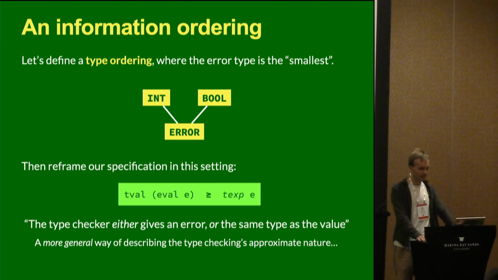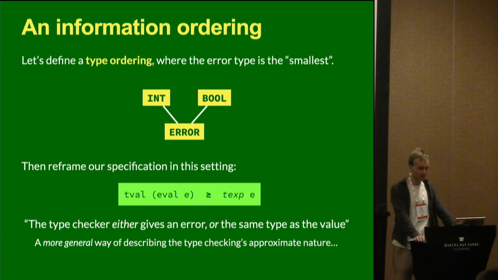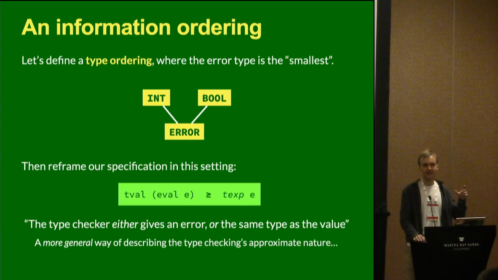But there is another way to do this, which is a bit more elegant, I think. And that is that we place our types in a partial order. So we say that any two types are incomparable except with error, and error is the smallest type in this order. So error is less than anything else. In this way, you can look at this as an information ordering. If one type is less than another type, it is less specified than that type.